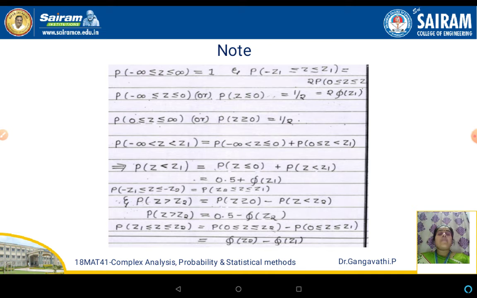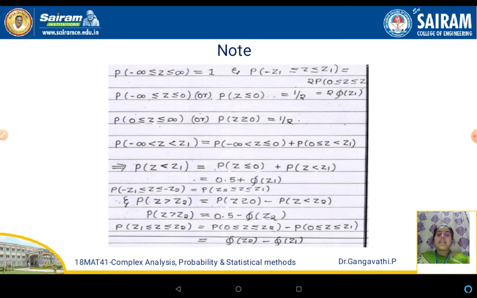And at the same time, p of minus z1 less than or equal to z less than or equal to z1 can be written as 2 times p of 0 to z. Actually, it is p of z varying between minus z1 to z1, which can be written as 2 times p of 0 to z. So in other words, you can write it as 2 into phi of z. P of integral 0 to z can be written as phi of z1.